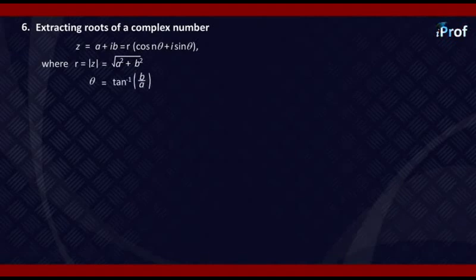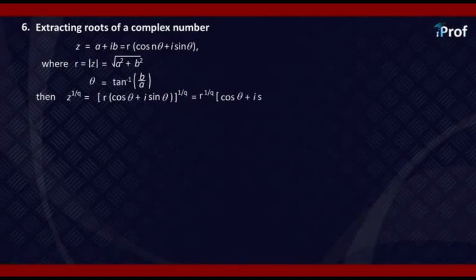In order to find the 1 by qth root of z, that is z raised to power 1 by q, it becomes (r times (cos theta + i sin theta))^(1/q). Pulling out r, you get r^(1/q) into (cos theta + i sin theta)^(1/q), where q is any natural number.